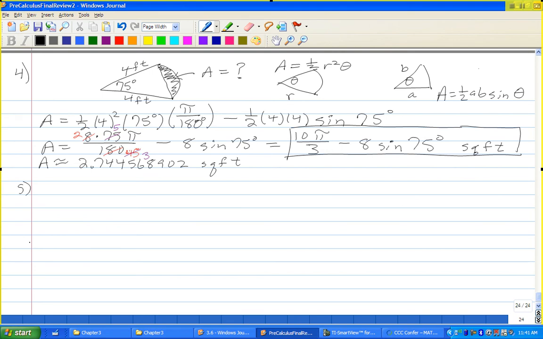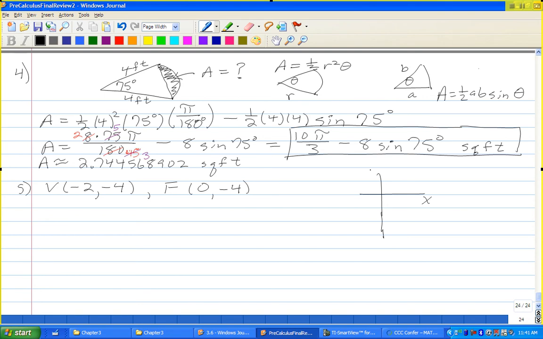Okay, 5. Find the equation of a parabola whose vertex is at -2, -4, and whose focus is at 0, -4. Okay, so first off, let's have to draw a graph.